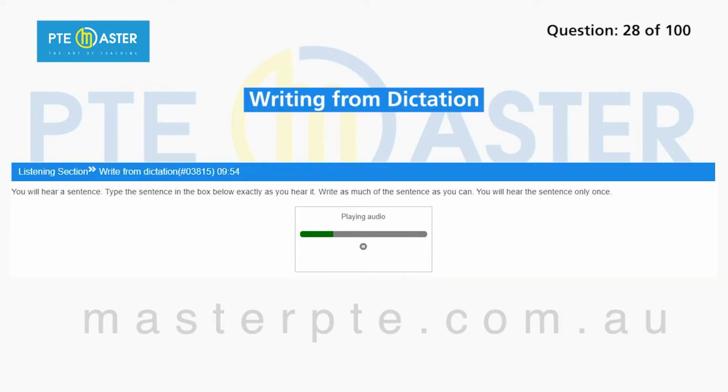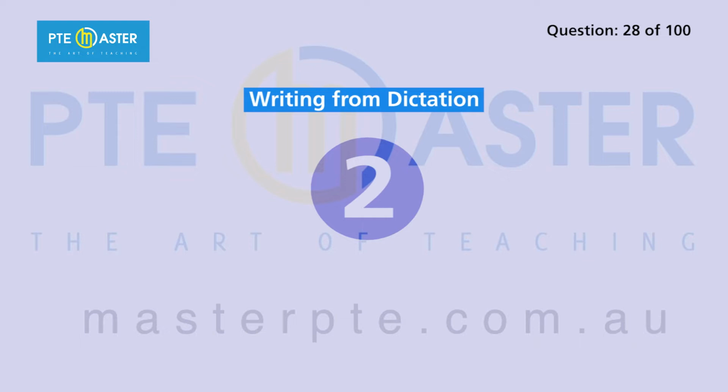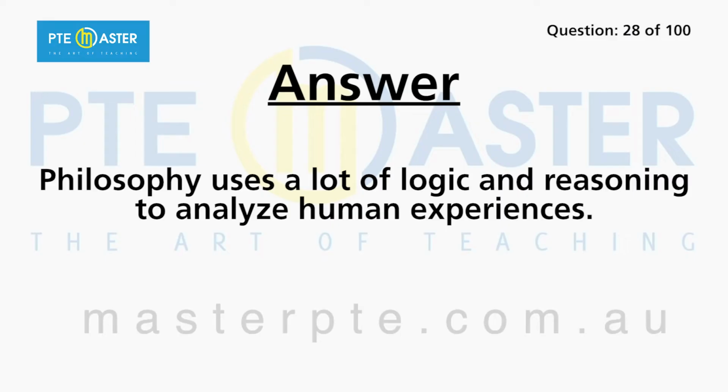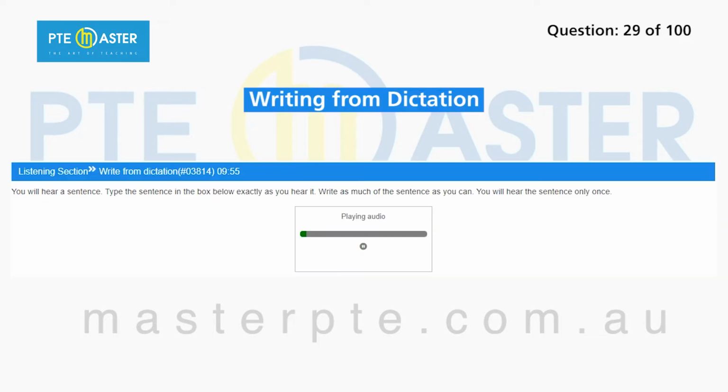Philosophy uses a lot of logic and reasoning to analyze human experiences. The resources cited are not enough for this assessment.